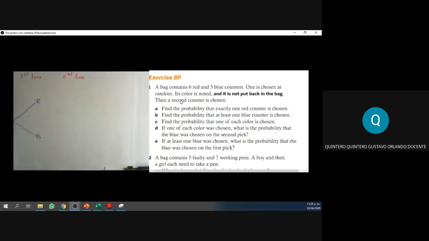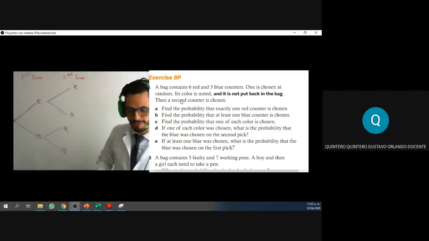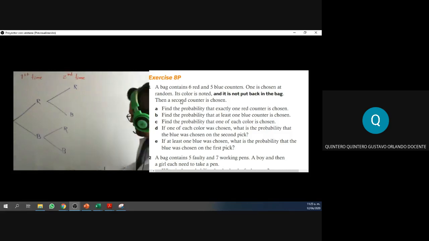And if we go the second time, we can have the exact same possibilities. We can have red or blue, or red or blue. Beautiful. That is our tree diagram. But now let's think about the probabilities.